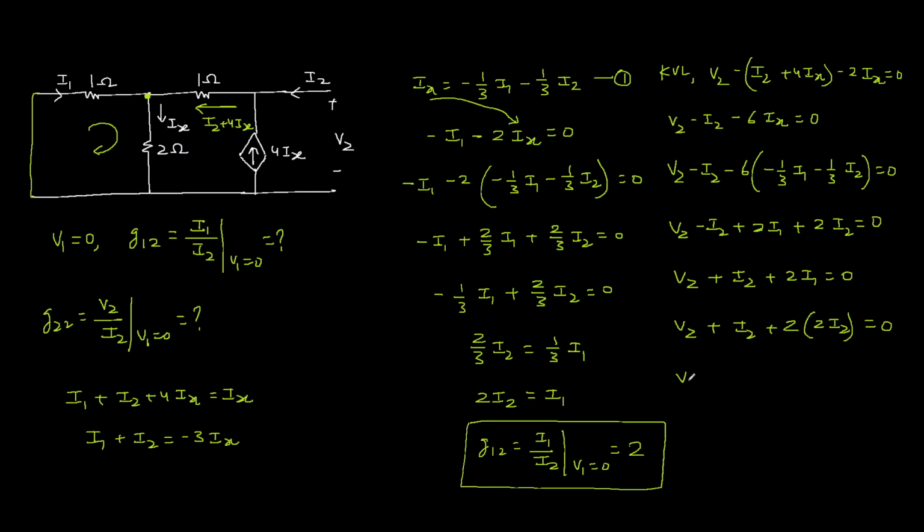So V2, 2 into 2 is 4, plus 1, 5 I2 equal to 0. So V2 is minus 5 I2. Now G22 is V2 over I2 when V1 is 0, and it is equal to minus 5 ohm.